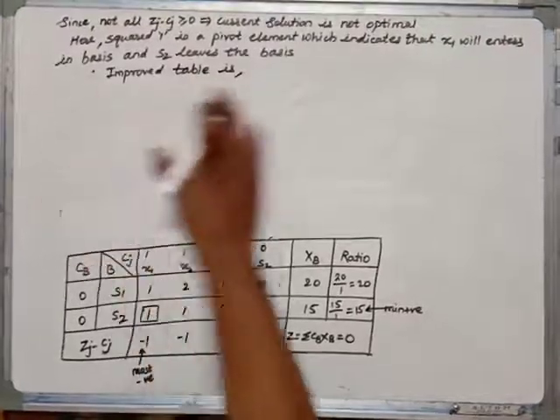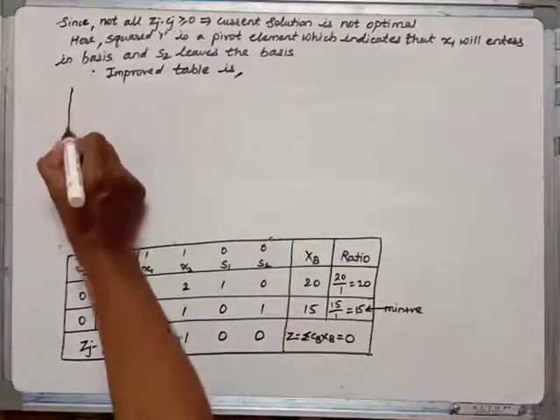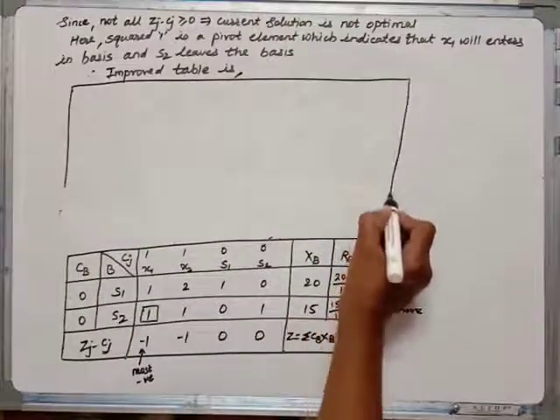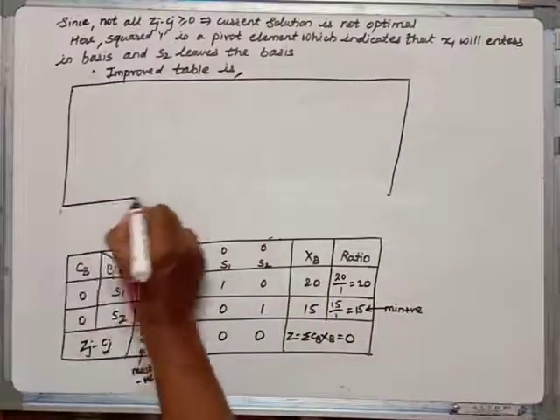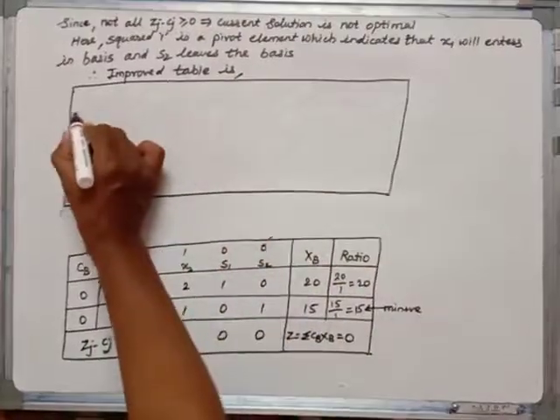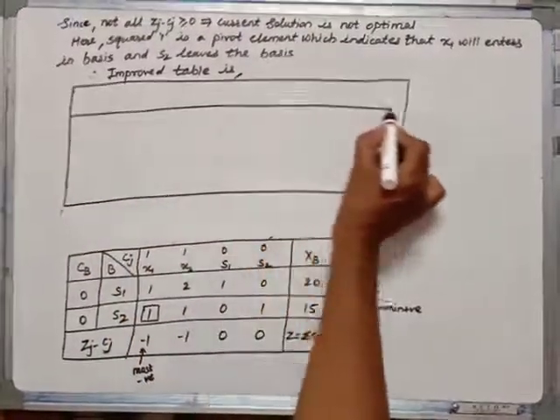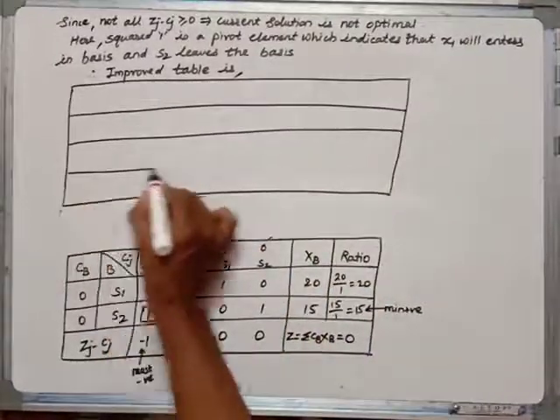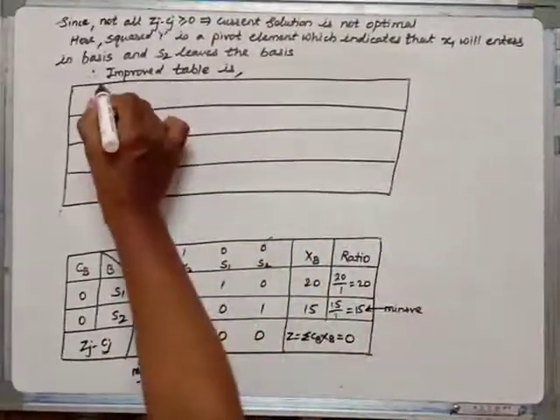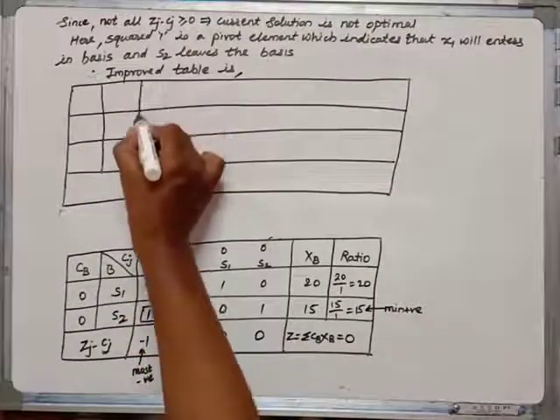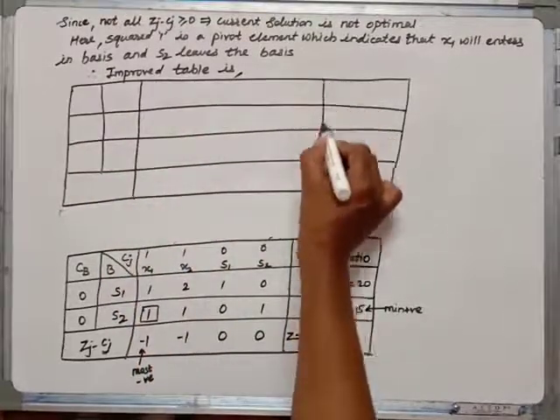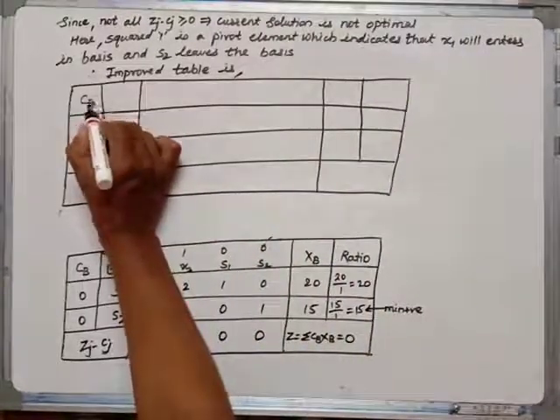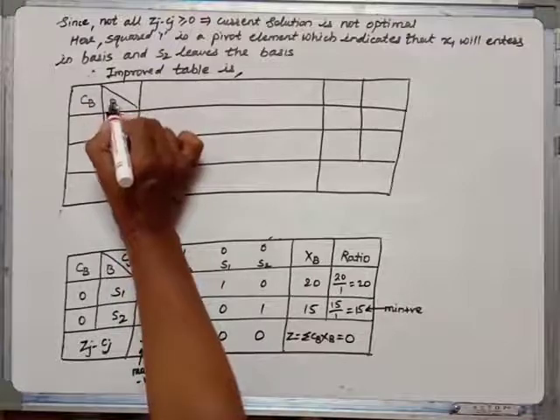The improved table has again the same number of columns and rows, a similar table, only the entries will change.